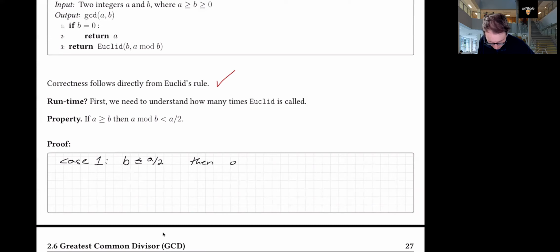Then it follows immediately, right? a mod b, by definition, is a number less than b because it's the remainder when I divide by b, so it's less than b. And by our case, b is less than or equal to a over 2. Okay. Case 2 then is the opposite of this, right? So it's that b is greater than a over 2.